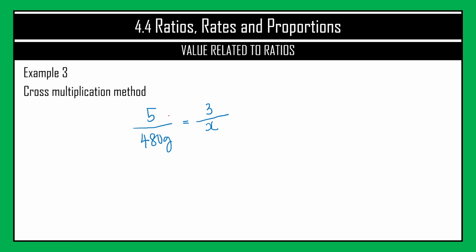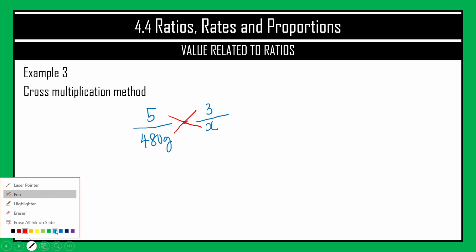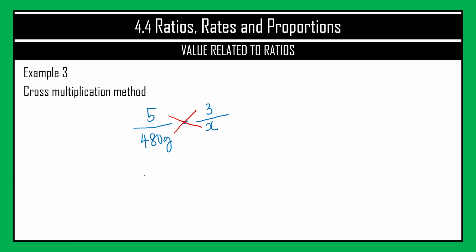And this is cross multiplication. So what it means here is 5 multiplied by X, and then 3 multiplied by 480 gram.